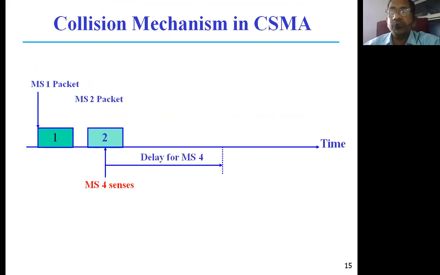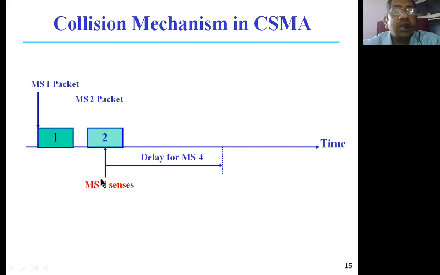Now, what is the principle of operation of this? Imagine it is a time axis, and imagine there is a mobile station 1 packet. Mobile station 1 has transmitted its packet on the shared medium, and mobile station 2 has also transmitted on the shared medium, but these two are not collided.